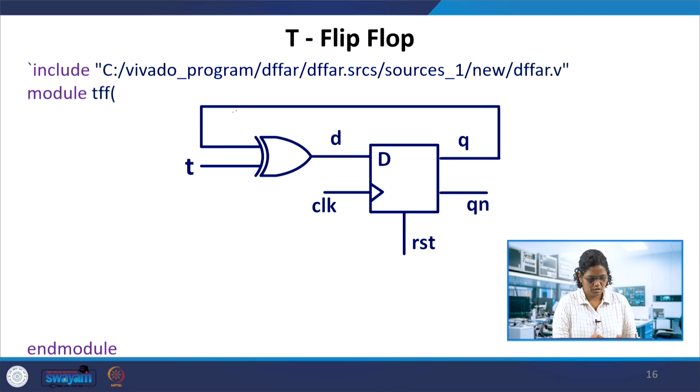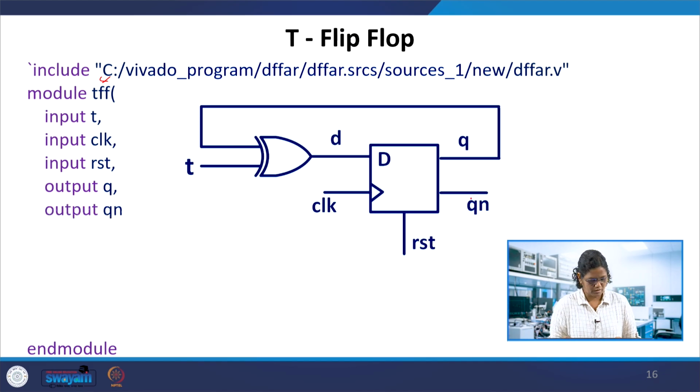The module is the T flip-flop, with inputs T, clock, and reset, and then we have the outputs Q and Qn as well. Close the bracket with a semicolon.